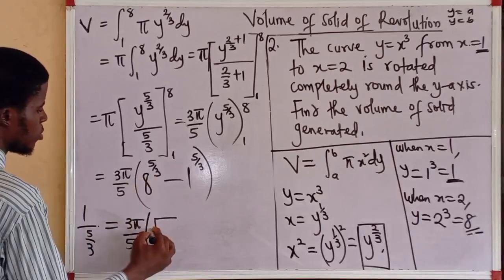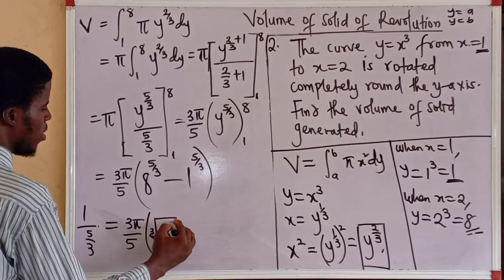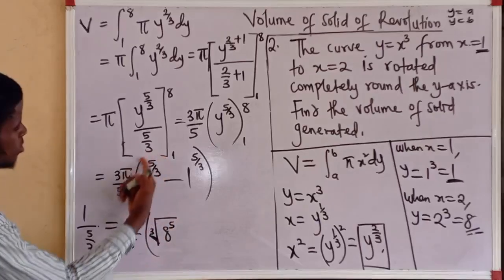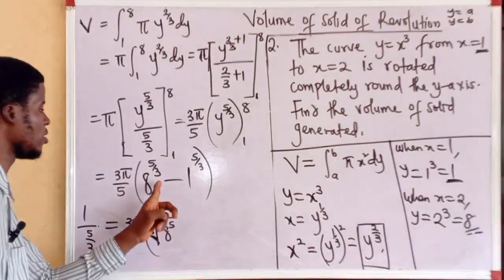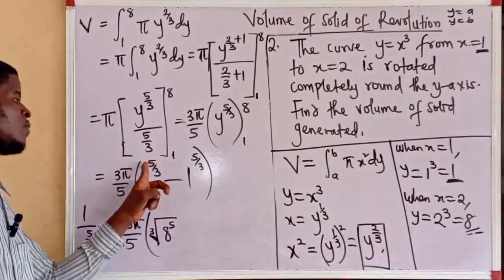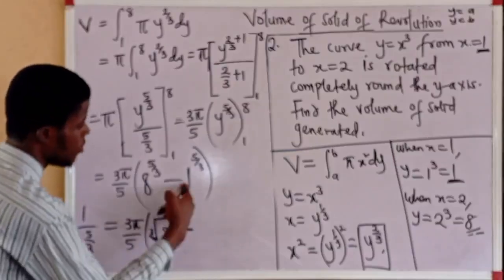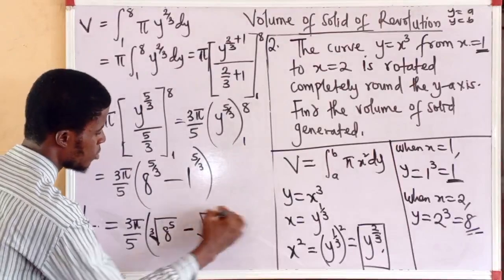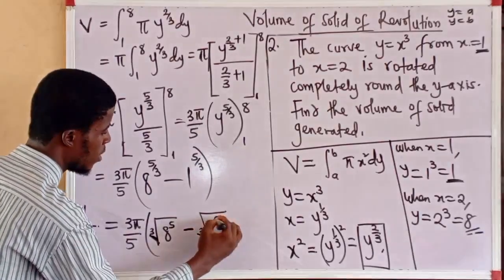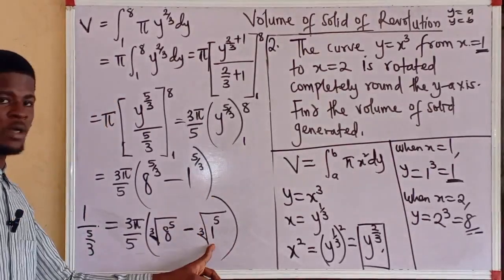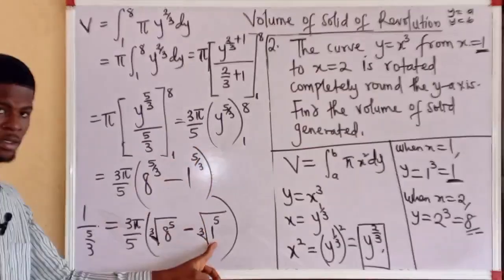This is the cube root of 8 raised to the power of 5. Based on the law of indices, the cube root of 8 all to the power of 5. So this will also give us the cube root of 1 to the power of 5, which is 1 actually. Everything here is equal to 1.